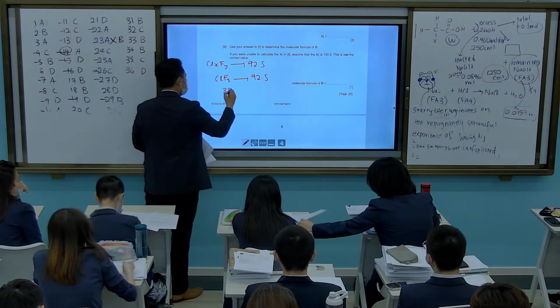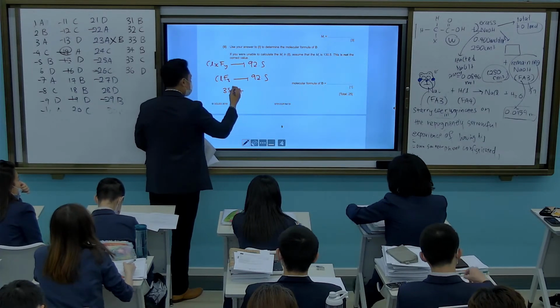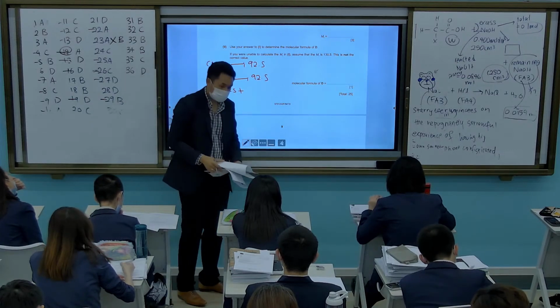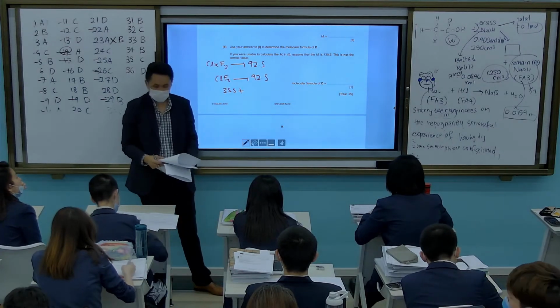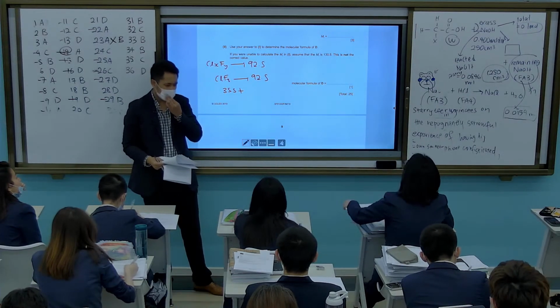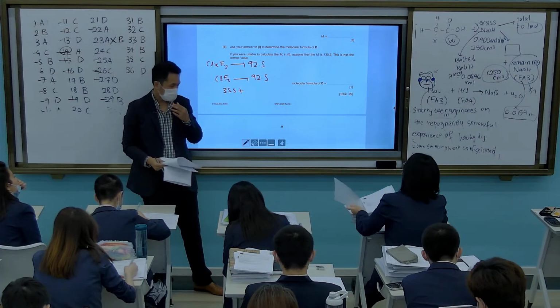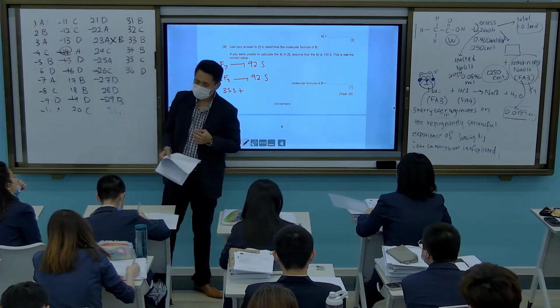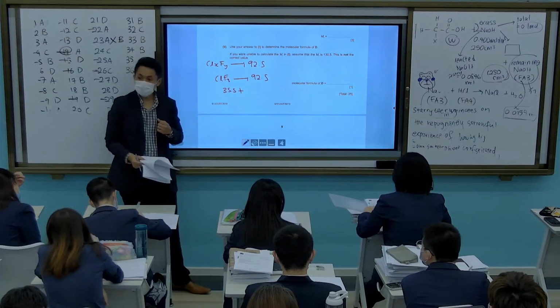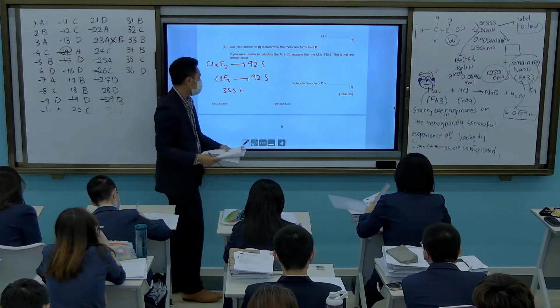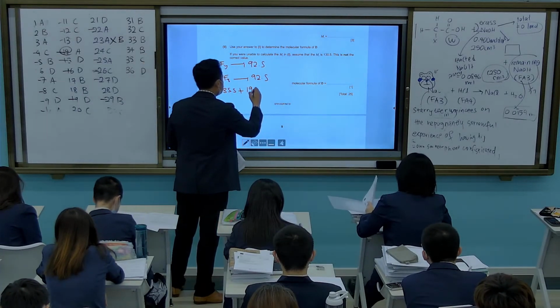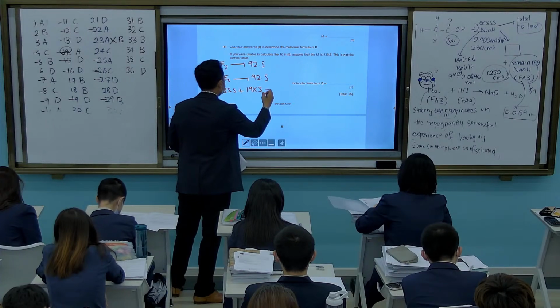Chlorine here is a 35.5. What is the Mr of a fluorine? Do you have your data booklets? Is it 19? Have you checked the data booklet? Okay, so 19 times 3.